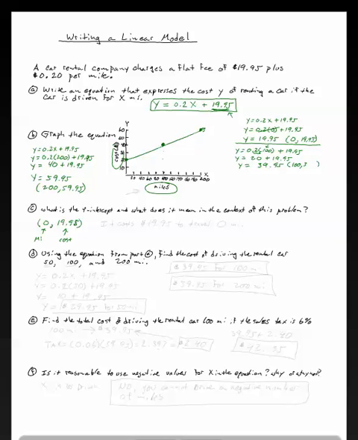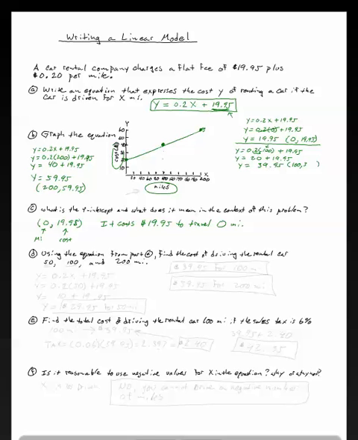So we can say it costs $19.95 to go 0 miles. What that's really saying is that if we rented the car, but we didn't drive it anywhere, that would cost us $19.95.